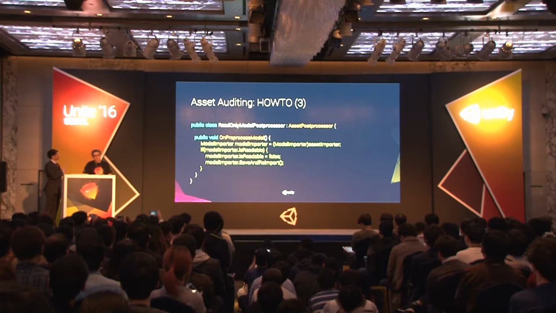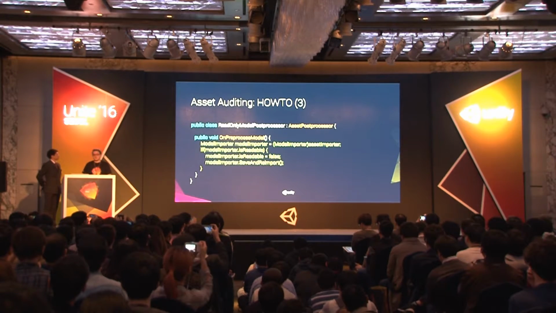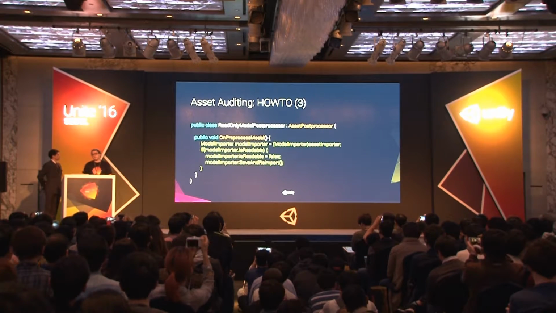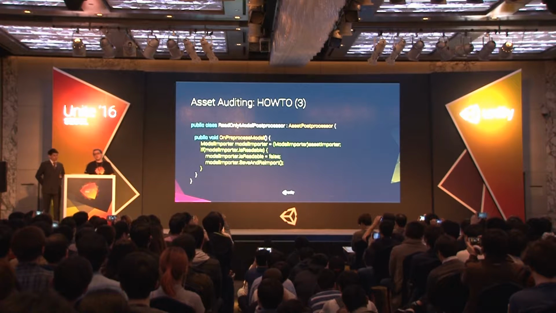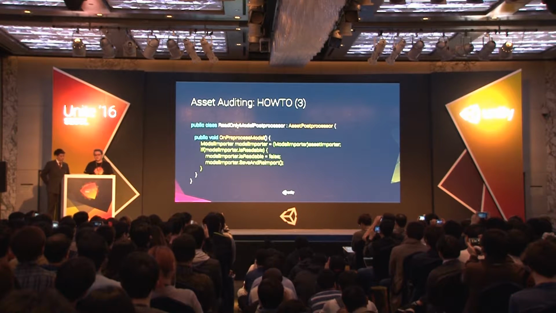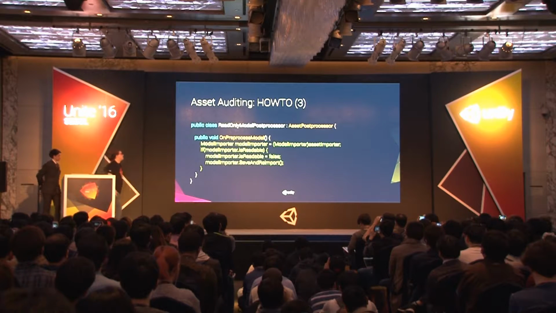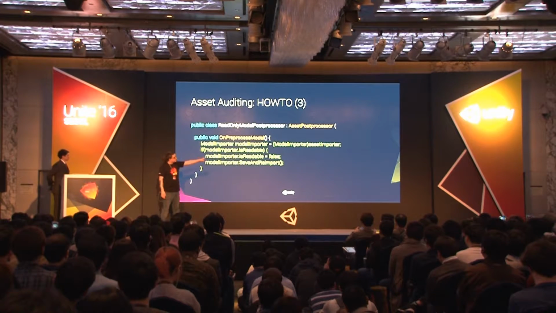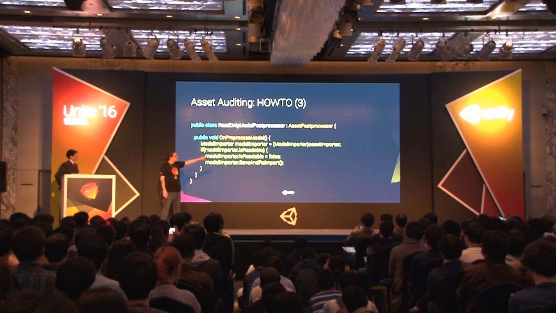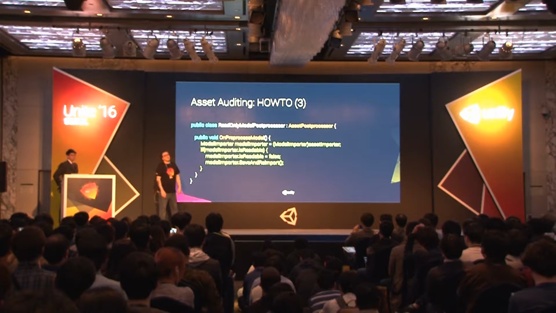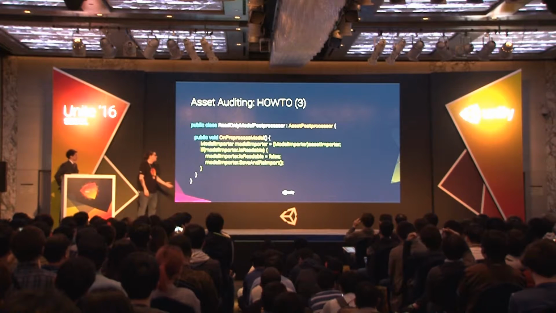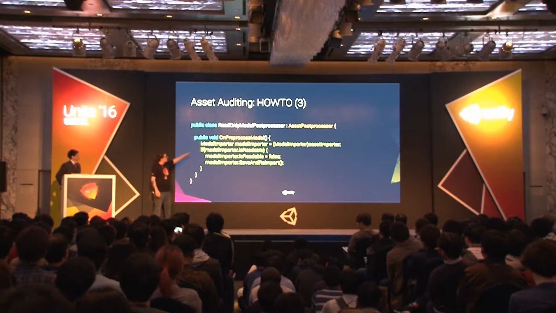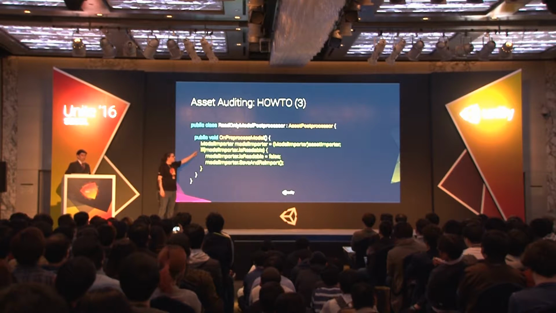This example shows how you would use OnPreprocessModel to override the default read-write setting on models you import. So the AssetPostprocessor class has an assetImporter field in it, but we need to cast this to ModelImporter because we're dealing with models. We then check if the ModelImporter is readable.